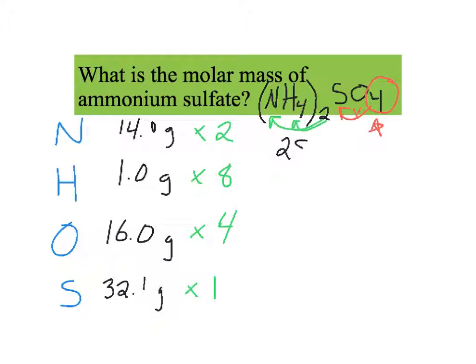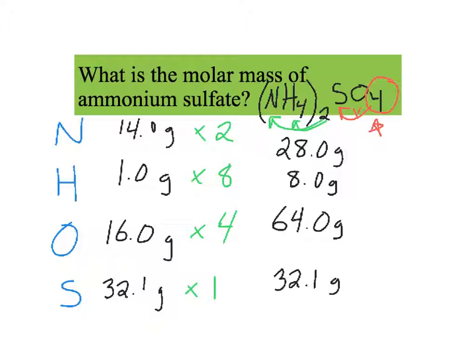We get 28.0 for nitrogen, we get 8 for hydrogen, this is going to be 64 for oxygen, and we are going to get 32.1 for sulfur. We get a value of 132.1 grams per mole of ammonium sulfate.